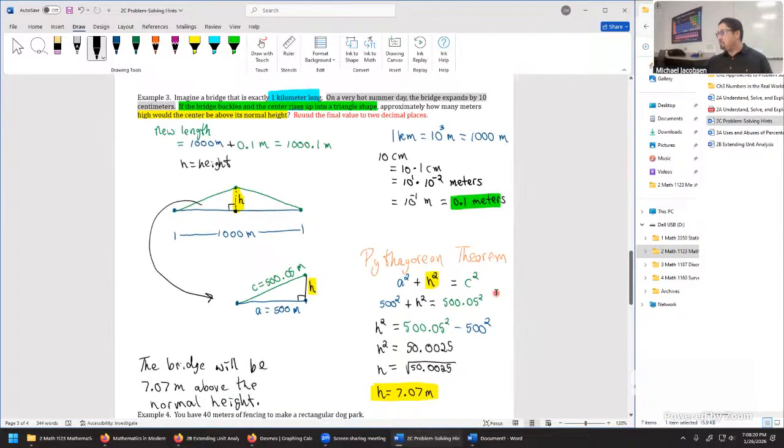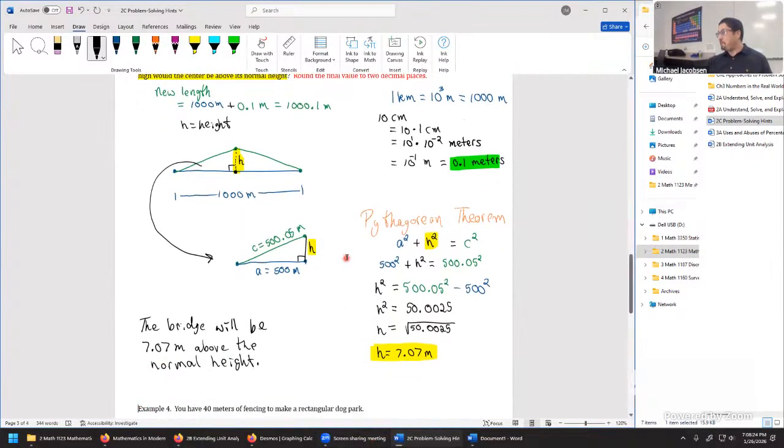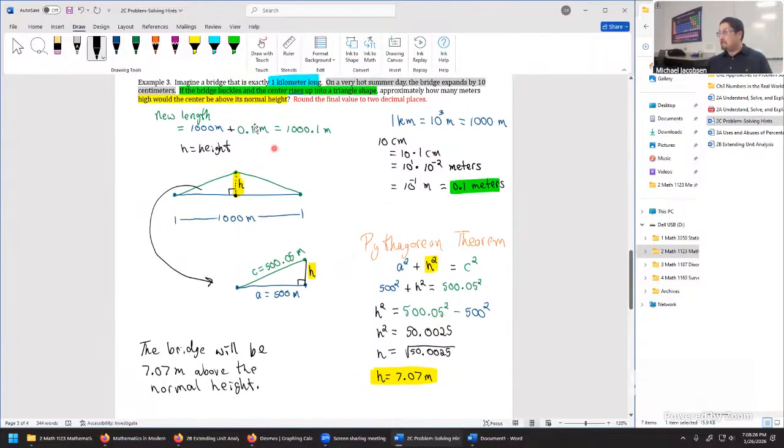Well, again, these questions are pretty tough. A lot of these problems, I wouldn't expect Pythagorean theorem to even come up at all. This one had a bigger hint when they told us a triangle shape is going to come up. But we still had to write down something, put in the right values, and by being very careful, methodical step by step, we were able to determine 500 meters this way, 500.05 meters that way.